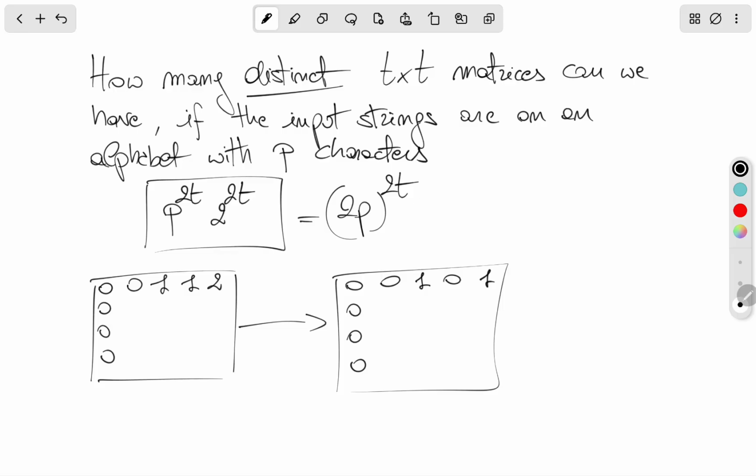So if t is sufficiently small, I can compute all distinct submatrices and then access them. So I would like t to be small in order to be fast and efficient.